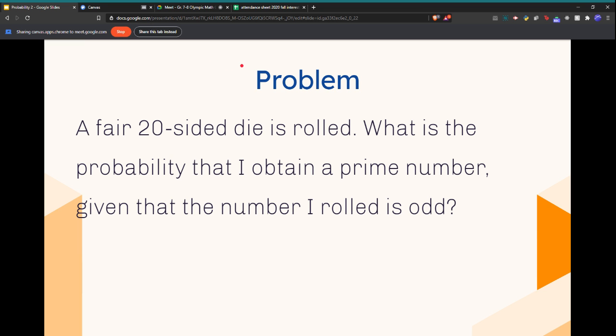All right, the probability we're calculating is the probability that we get a prime number from those odd numbers. Can someone tell me how many prime numbers there are? Yeah, there are 7, and you can count them as well: 3, 5, 7, 11, 13, 17, and 19.